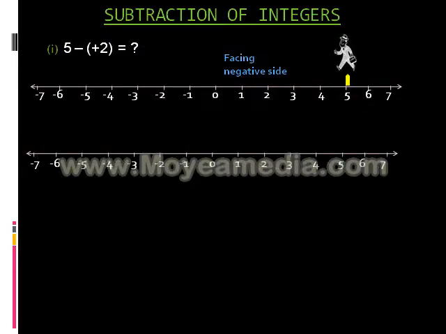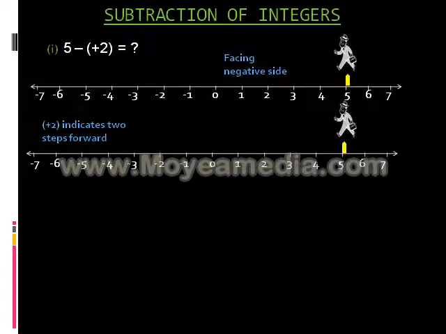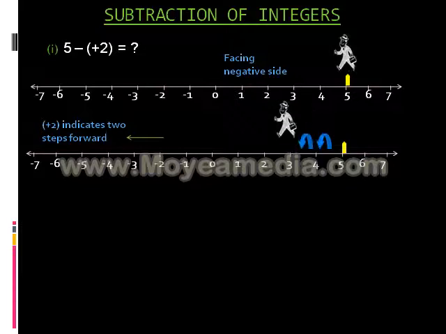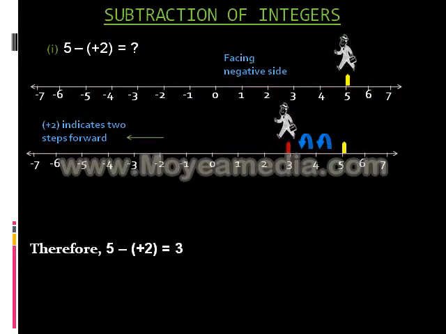Because you have to subtract positive 2, you take 2 steps forward, obviously on the negative side. By taking 2 steps forward, where do you reach? 3. So that is your answer. Therefore 5 minus a positive integer 2 gives you 3.